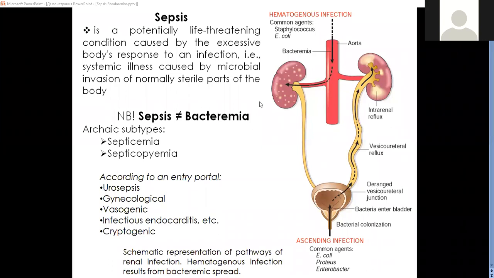First of all, you must accept this general rule and not misinterpret the fact that sepsis does not equal bacteremia. Sometimes it is easy to imagine that the appearance of bacteria in the bloodstream means the development of sepsis. And in most cases, that's true.